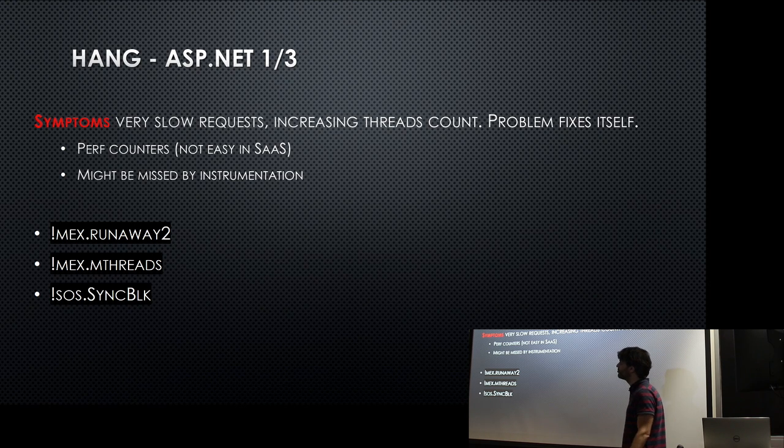You can monitor and probably have a good idea of what's going on if you look at the perf counters, which you don't always have access to. And the interesting part is it might be missed by instrumentation. The code here is obviously fake, but this is an outage that happened at a customer. They had New Relic monitoring this API, and during the outage, our Apdex went to 1. We had a perfect Apdex, and response time was great, but what New Relic didn't tell us is that our traffic decreased by 95%.